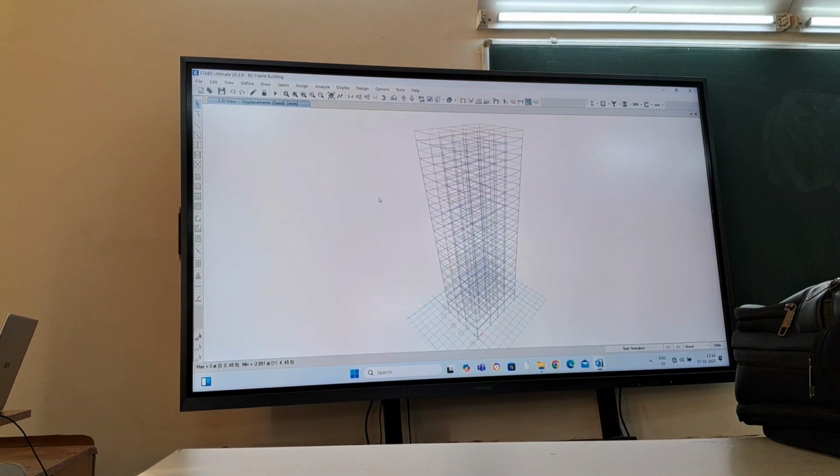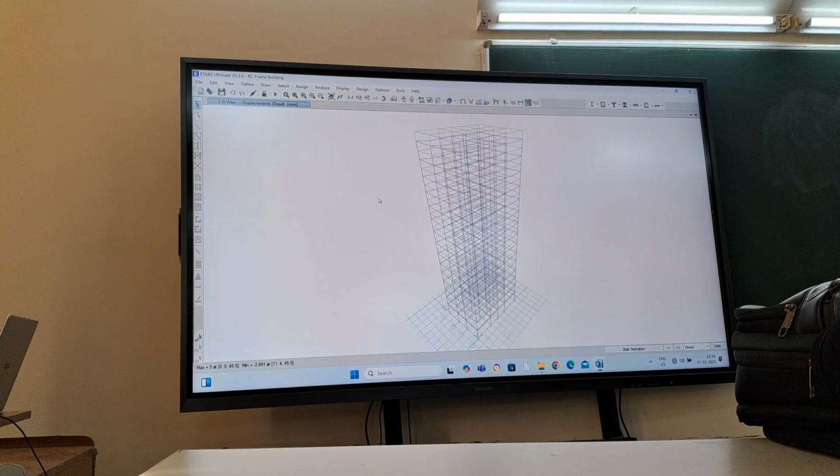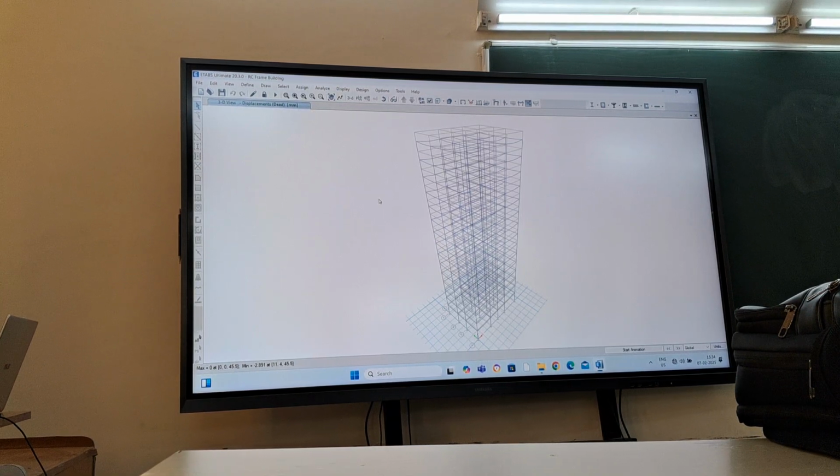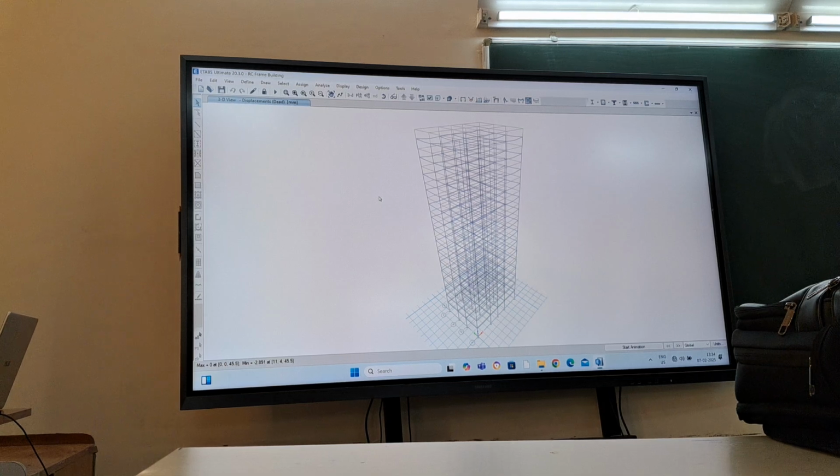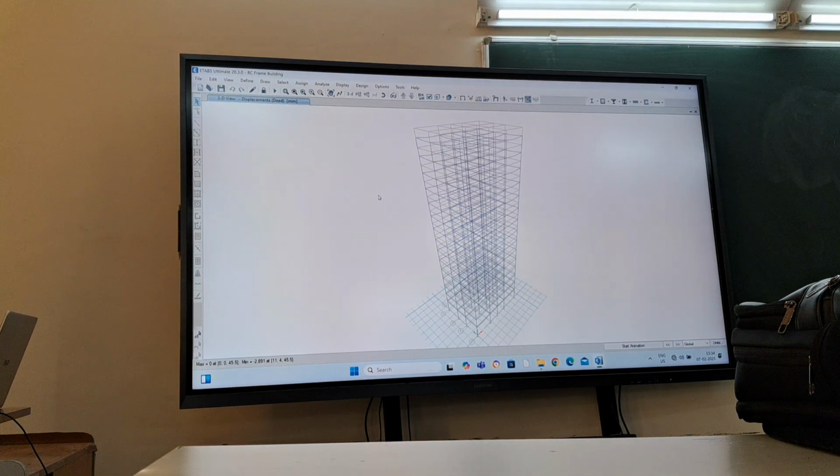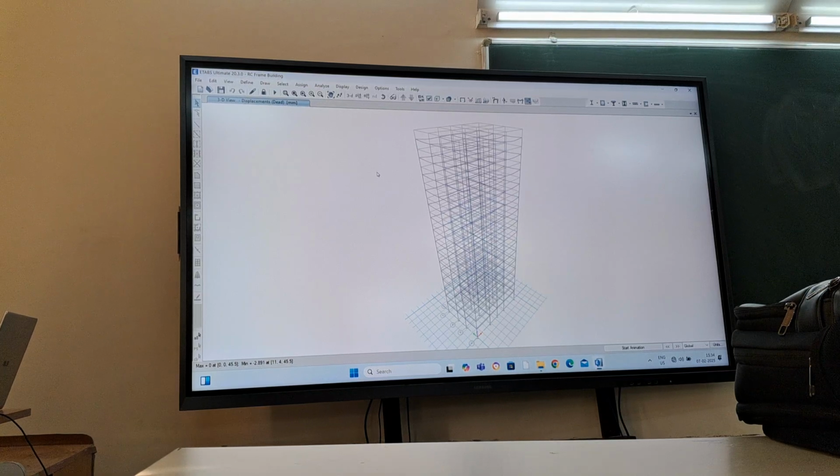That is one check you have to do. Then another check is the mode participation factor. Minimum mode participation factor to be achieved is 90%, including all modes. And the first three modes should be at least 65%. So these are the few criteria given in code that you have to check.